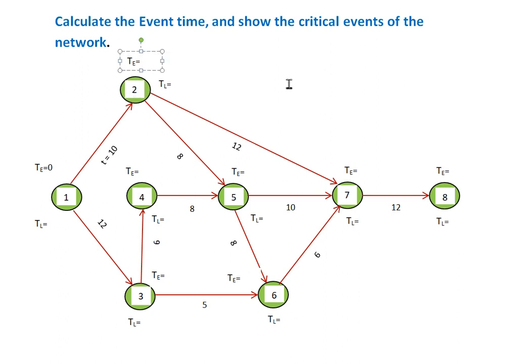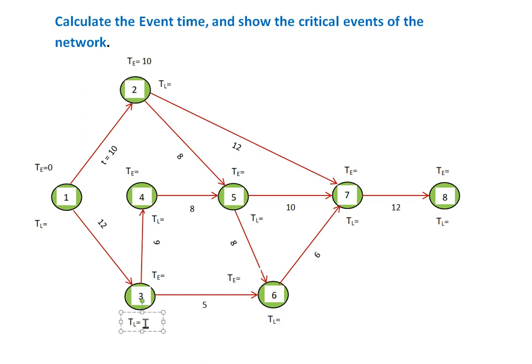Suppose this is activity 1 2, where 1 is the tail event and 2 is the head event. So the TE of the head event, that is 2, is equal to the TE of the tail event plus the time duration, that means 0 plus 10, as I have shown in the formula. So 0 plus 10 is equal to 10. Like that we have to calculate.